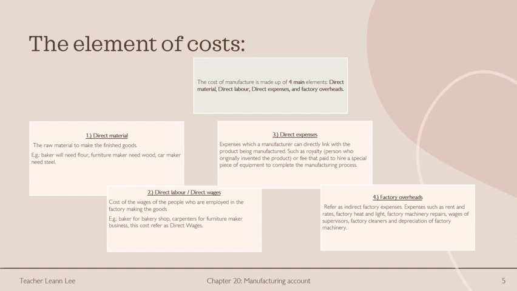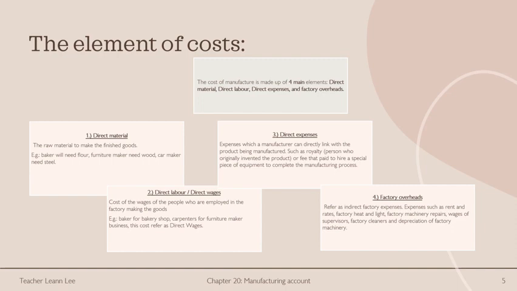Let's say a company like Massimo: my friend cannot use Massimo as their bakery shop name. They can only use a new name for their shop, so they cannot copy my name. Direct expenses also include fees paid to hire a special piece of equipment to complete the manufacturing process. All these are direct expenses.